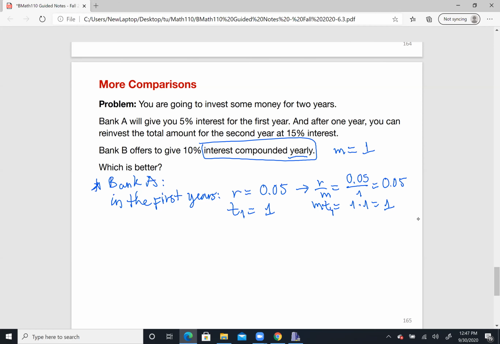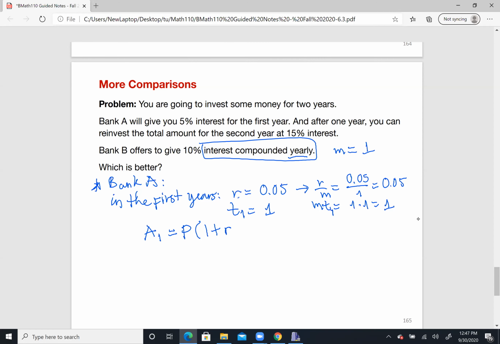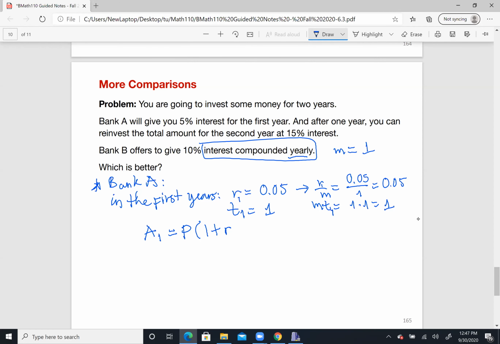So then you're gonna have the first amount, say A1, the future amount after 1 year, A1 will be equal to P times 1 plus, here's R1 better, R1, right?